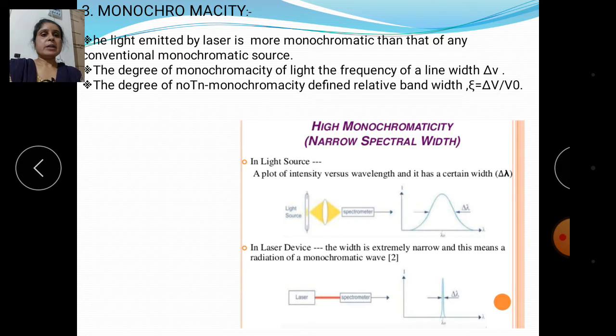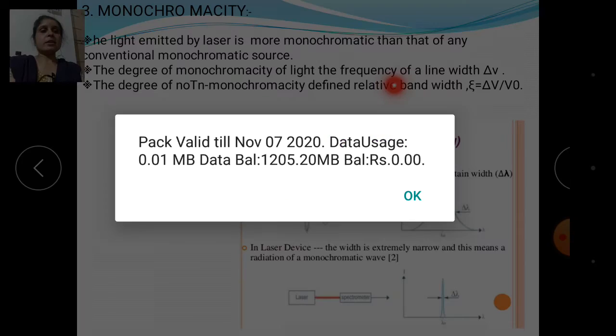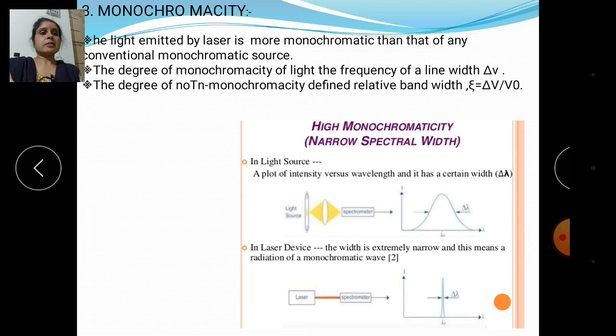The degree of monochromaticity is defined by the frequency line width denoted by delta V. The relative bandwidth of coherent light is equal to delta V by V0.